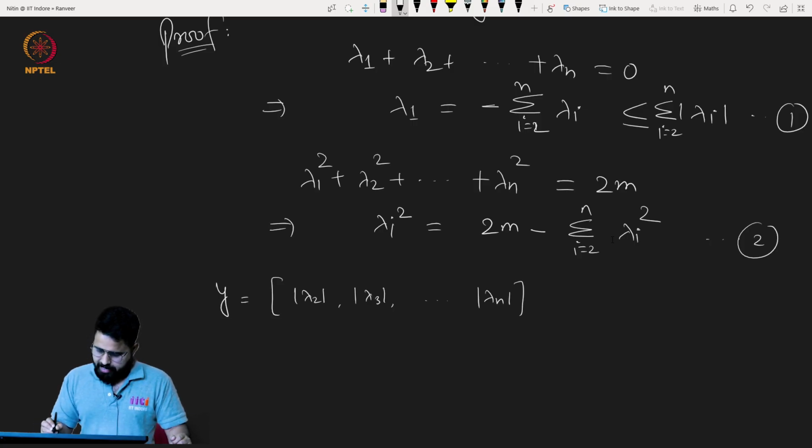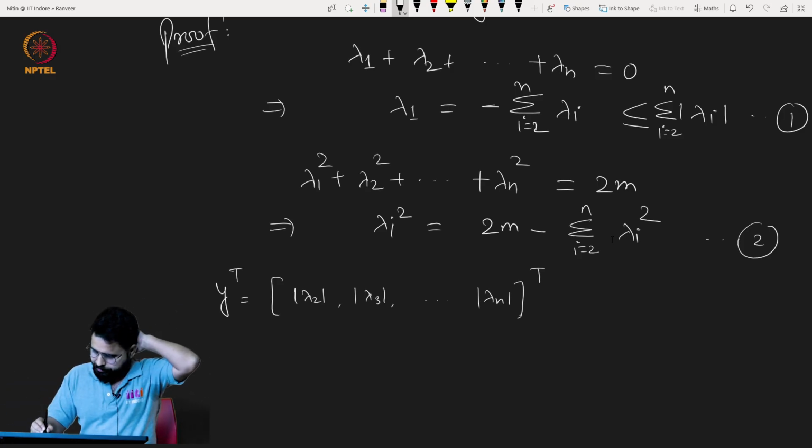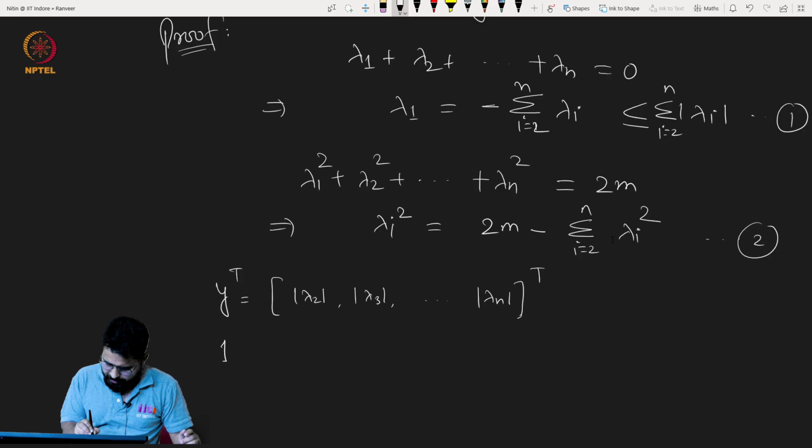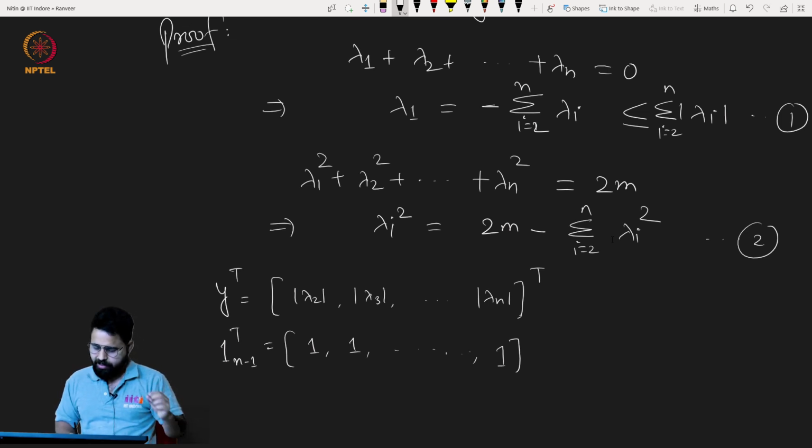I will call it y transpose, because when I mean a vector, that means a column vector. Very good. And suppose there is one more vector, the all-one vector of dimension n minus 1. Using these two vectors we will prove this inequality.